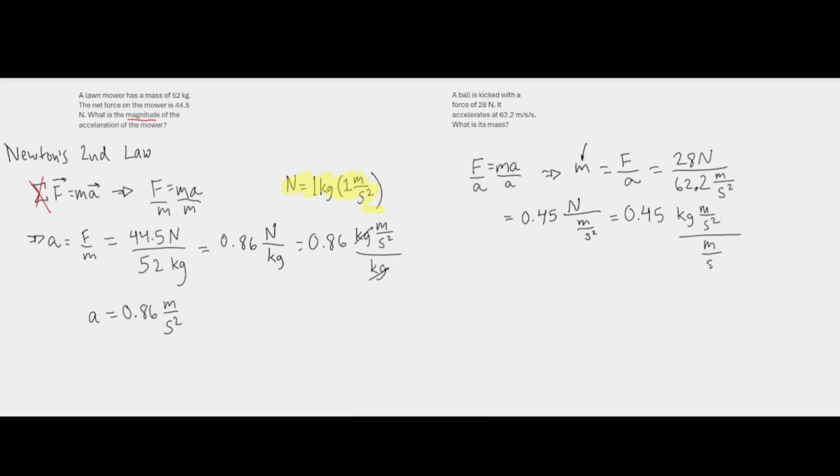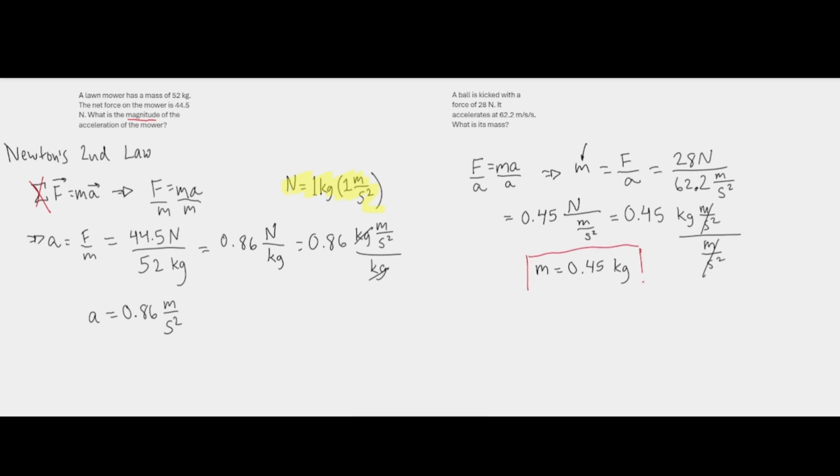And I can now see that I have a meters per second squared in the numerator and a meters per second squared in the denominator. So my mass is then equal to 0.45 kilograms. So that is my answer.